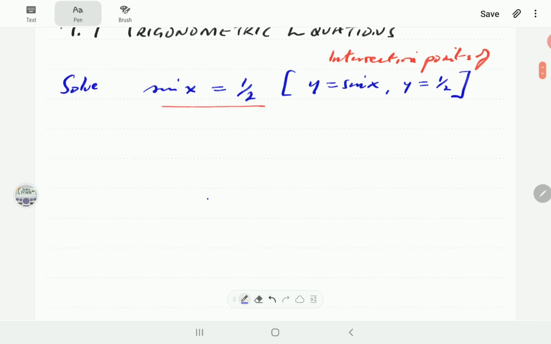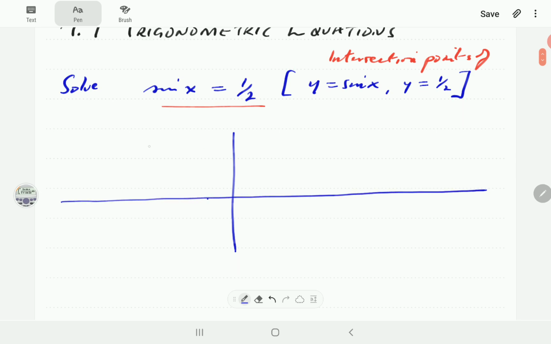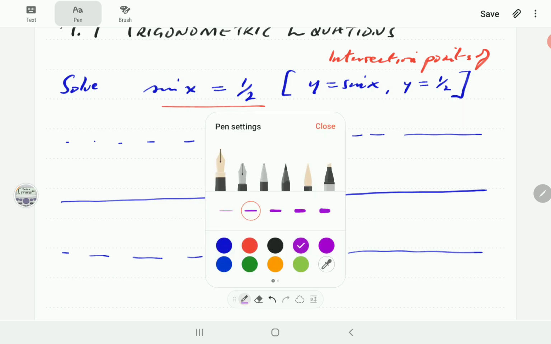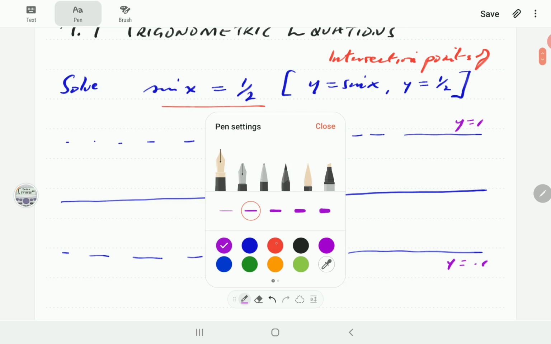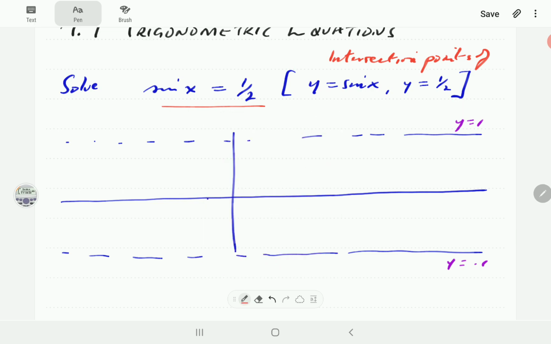So what does y equals sine x look like? Let's just do a quick sketch here. If this is y equals 1 and this is y equals -1, then sine x is going to look something like this.